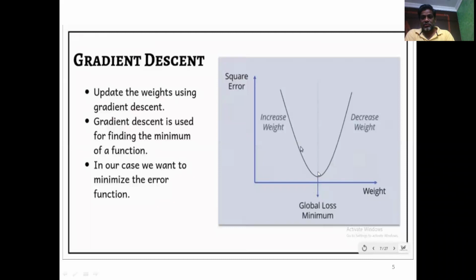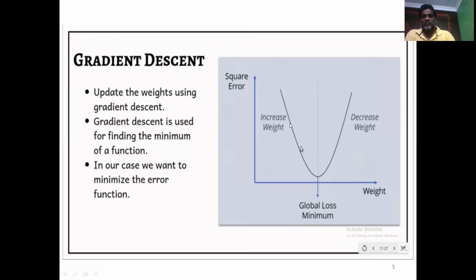The global minimum is here. For reaching it, you may be increasing the weight or decreasing the weight, and based on what is required, we will calculate that. We will make use of gradient descent to find the global minimum loss of an error function.